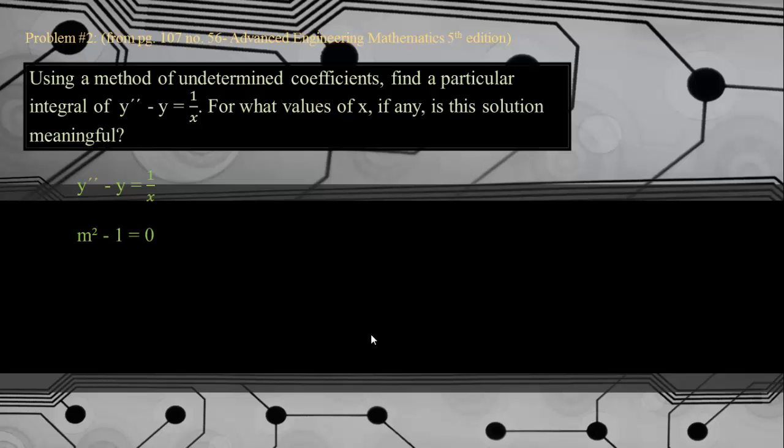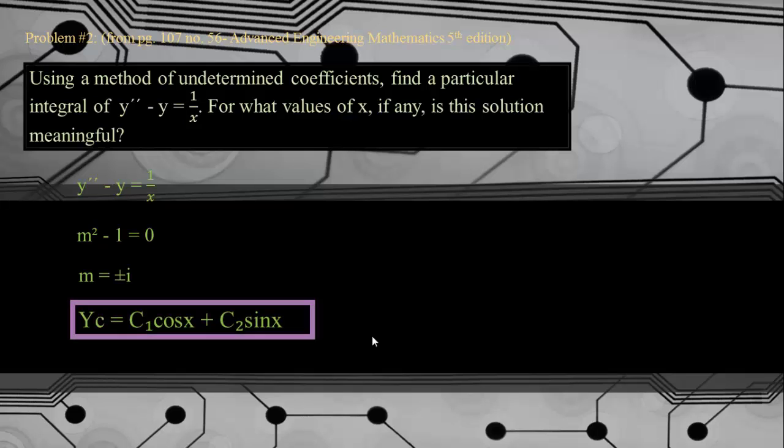And then we have the characteristic equation, or the auxiliary equation, m squared minus 1 is equal to 0, and we have the roots of positive and negative 1. And then we'll have yc is equal to c1 cosine of x plus c2 sine of x.